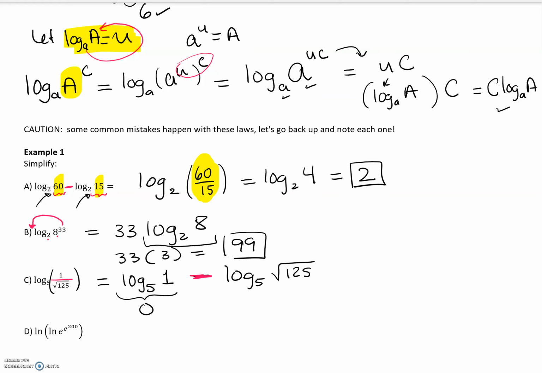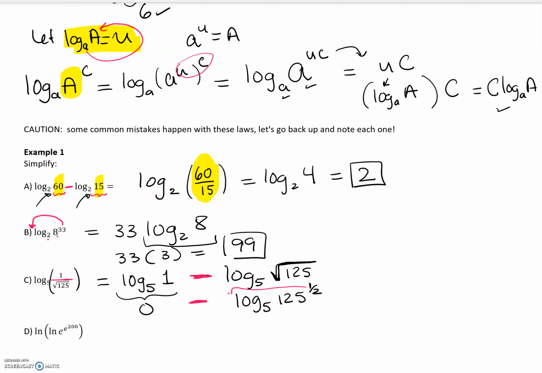Now here, I don't like that the radical is trapping the 125, so I'm going to write that as log base 5 of 125 to the 1/2, because a radical is the same as a square root exponent. Now with that, and remember this minus is waiting outside too, I can drop the half to the front with property 3 that we discussed.